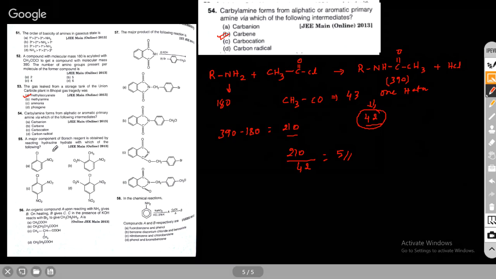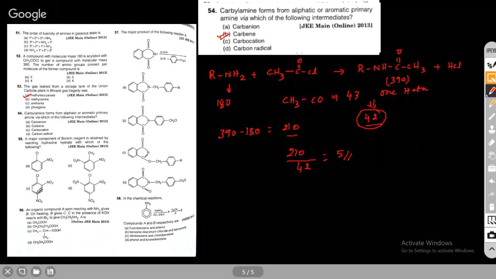Can you see this question? A major component of Bosch reagent is obtained by reacting hydrazine hydrate with which of the following compounds? What is Bosch reagent? That is 2,4-DNP. 2,4-DNP is Bosch reagent. Yesterday I have discussed. 2,4 dinitrophenyl hydrazine.